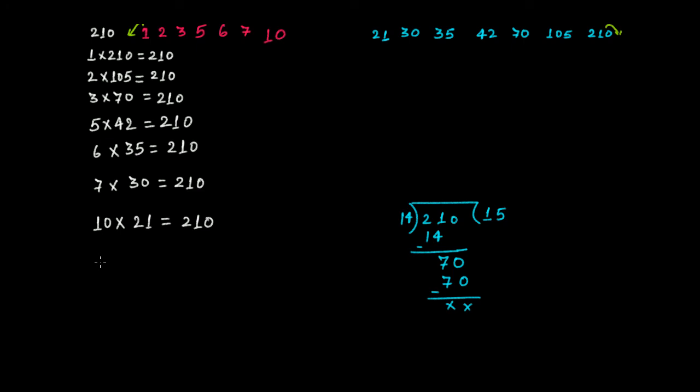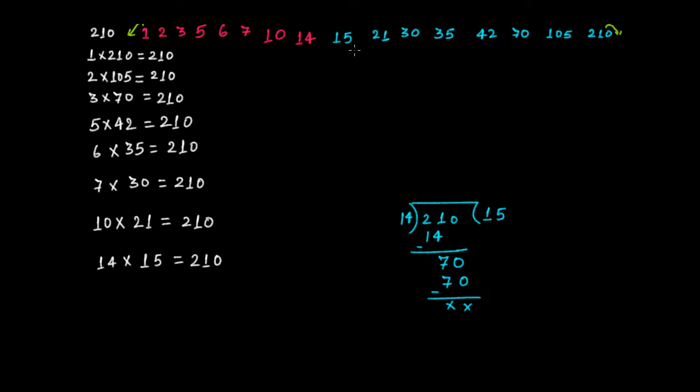So 14 times 15 will be 210. Since 14 is the smaller one, 15 is the greater one.